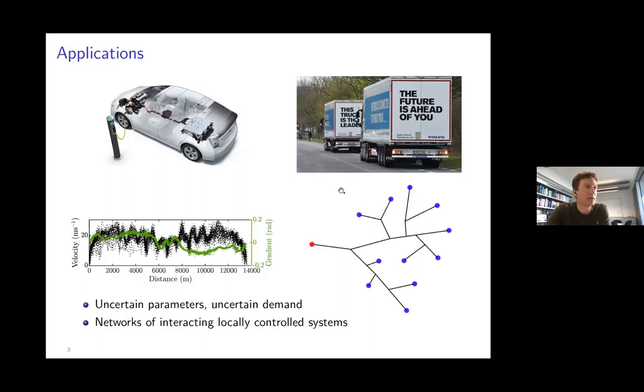So, for example, if you look at the problem of platooning vehicles on a highway, then we need to be able to adjust the control strategy as the vehicles may not know exactly what the dynamics of the other vehicles in the platoon are, and you may even change the number of vehicles or the coordination within a platoon.